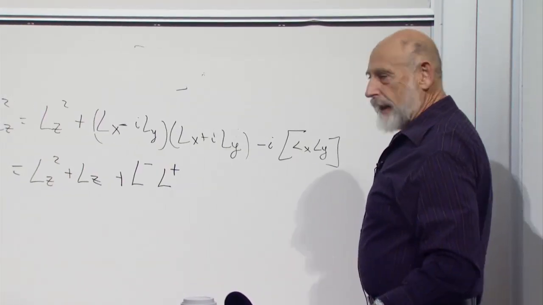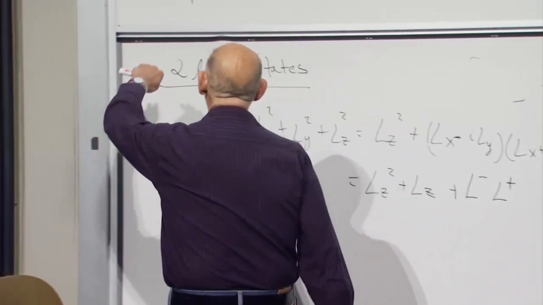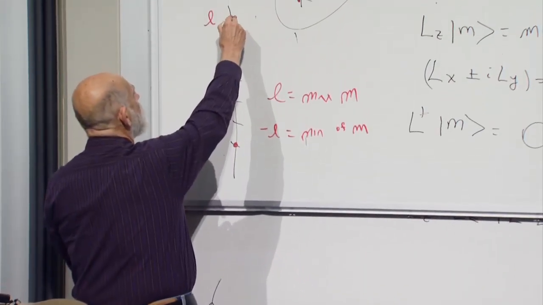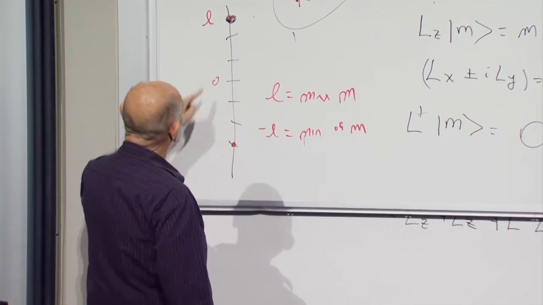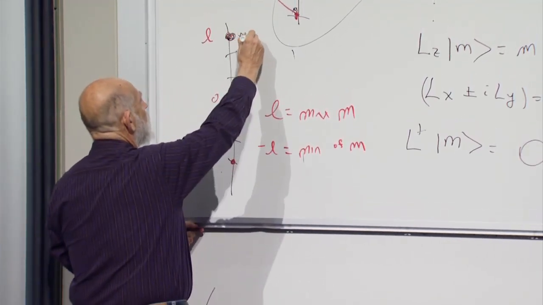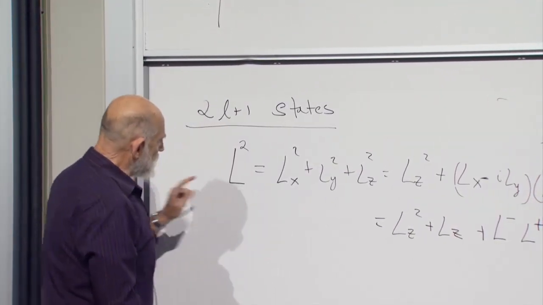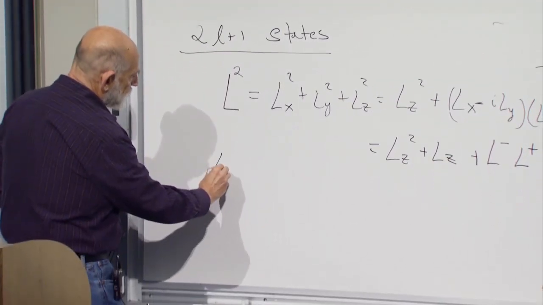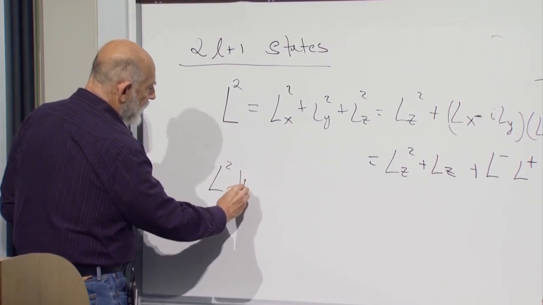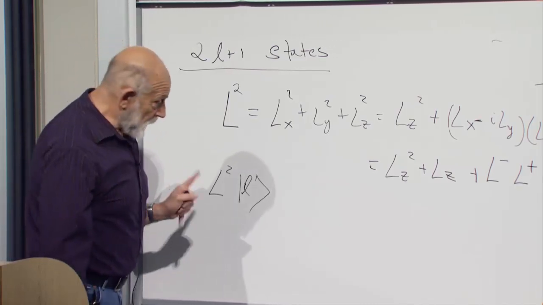Now let's apply that. Let's take this operator and apply it to the maximum highest m state, m equals l. So let's take this L squared on the state l. l is the highest state there, okay?